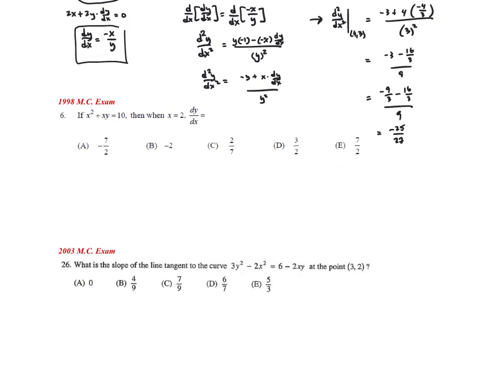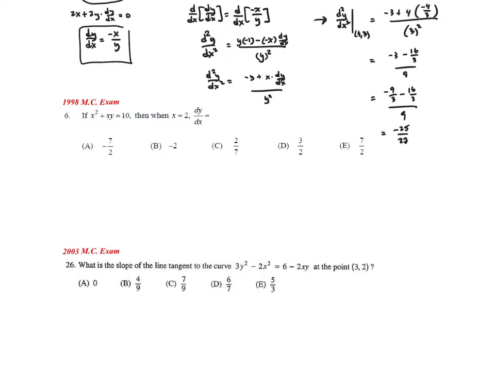If x squared plus xy equals 10, then when x equals 2, dy dx equals something. We're going to find that something, right? We're going to figure out what dy dx is when x equals 2. So let's go ahead and differentiate the left and right side of the equation given. That would be 2x plus y plus x times dy dx is equal to 0.